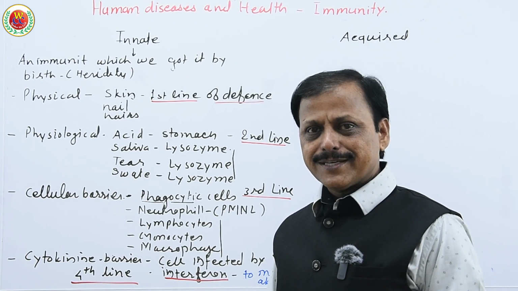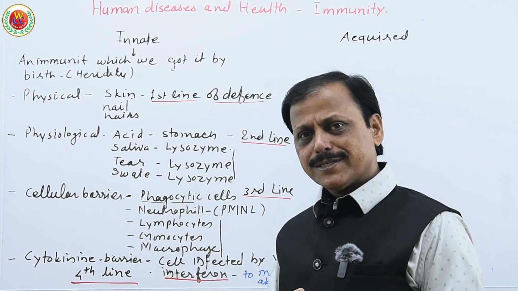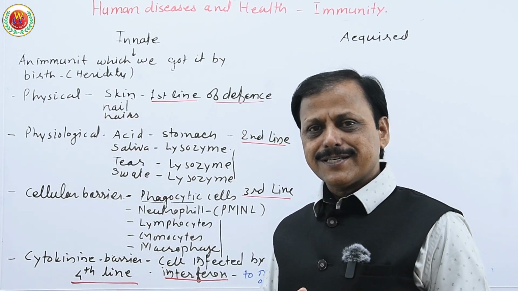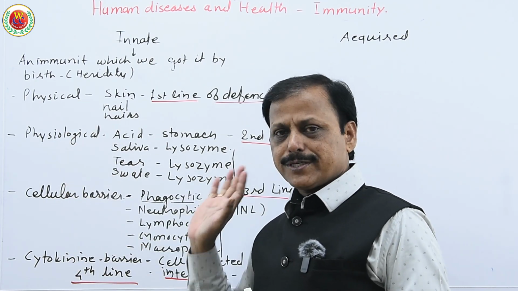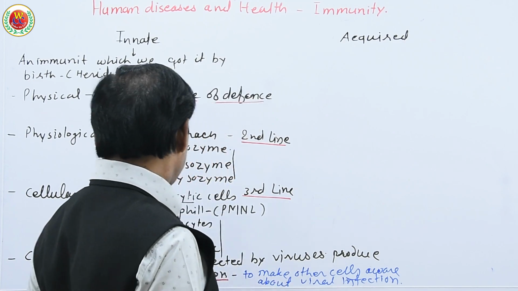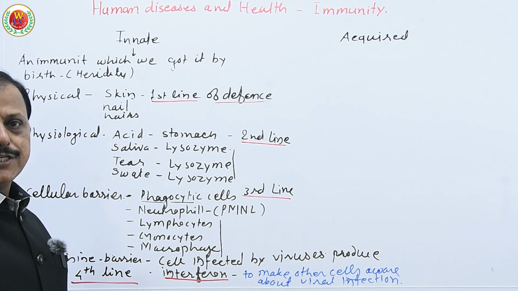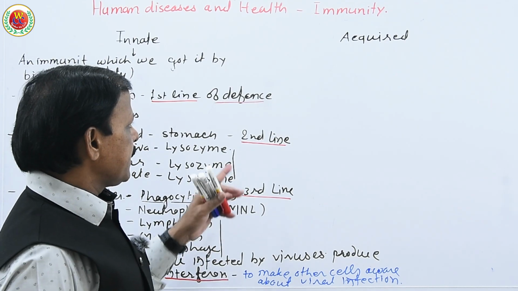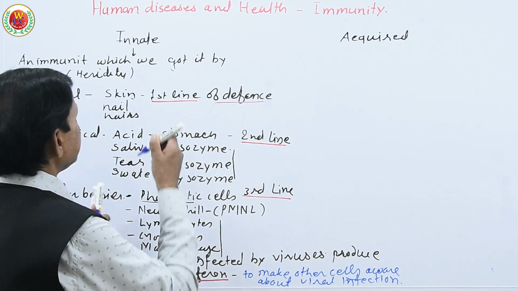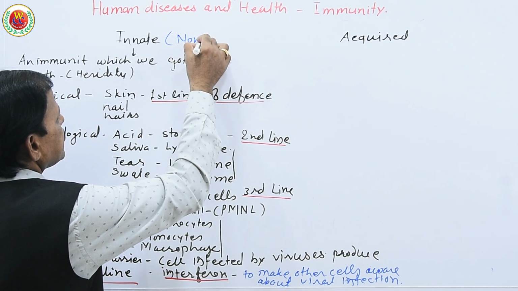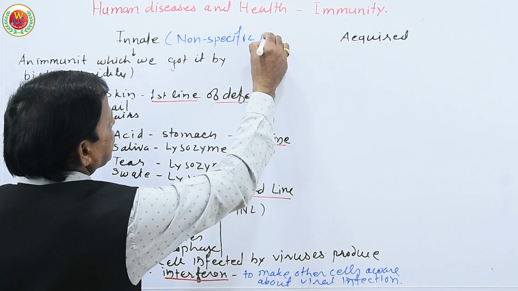It can be remembered very easily this way: physical, physiological, cellular, and cytokine barrier, where cells produce interferon against viruses. Now this was non-specific immunity. This innate immunity is also known as non-specific immunity.